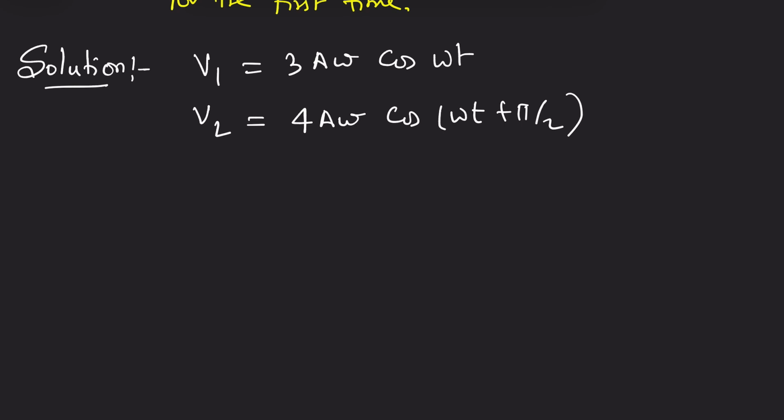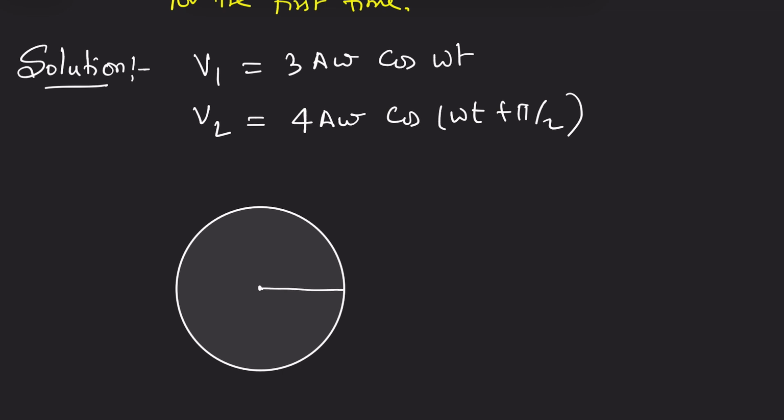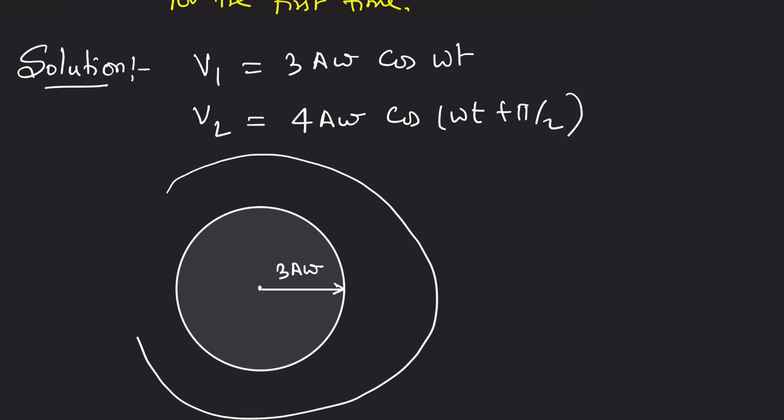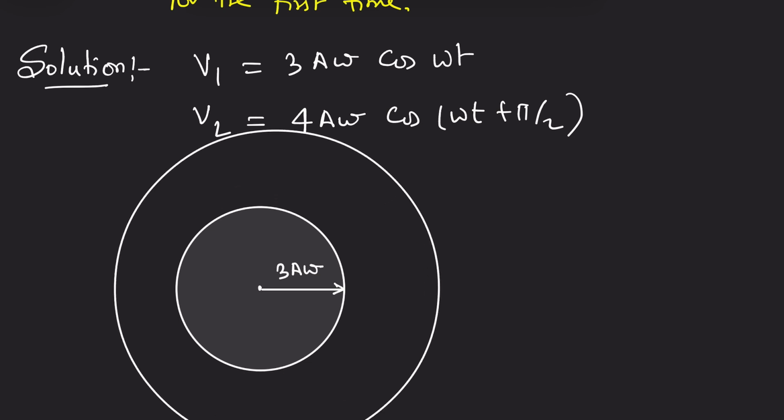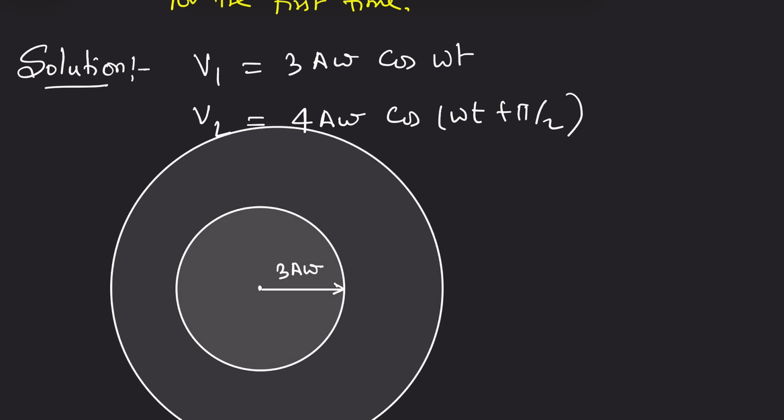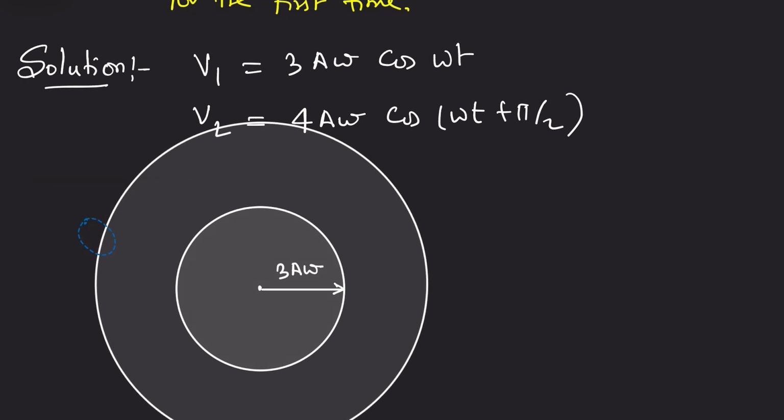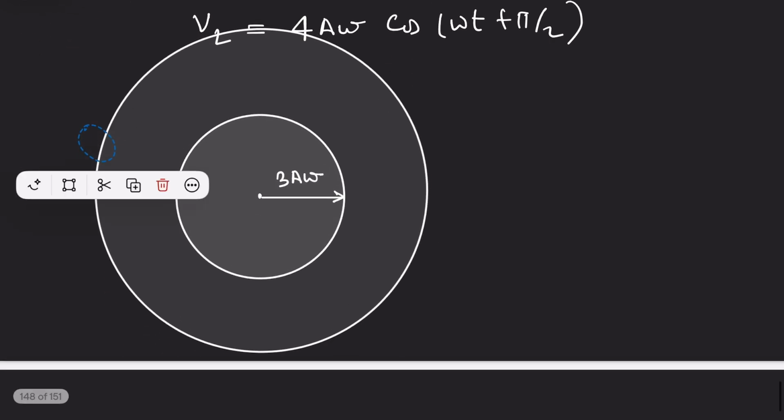Okay, so let me draw. If you see, guys, let's say this is the velocity phasor I am making, and it is at its positive extreme, and this is 3a omega. And now there is another one with 4a omega size.